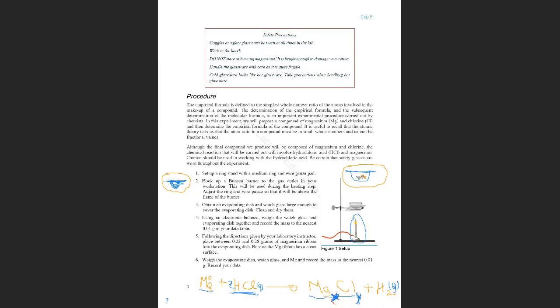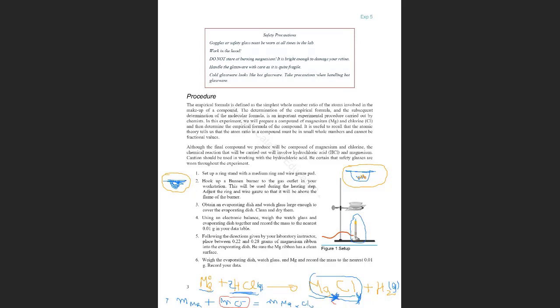The mass of the magnesium that we already have before the reaction plus the mass of the chloride is going to be the mass of my product, which is this one, magnesium X, chloride Y. And that's how I will calculate the mass of chloride.